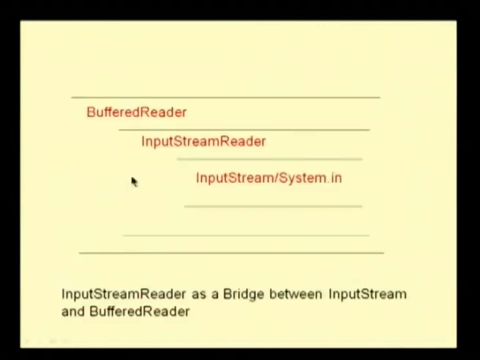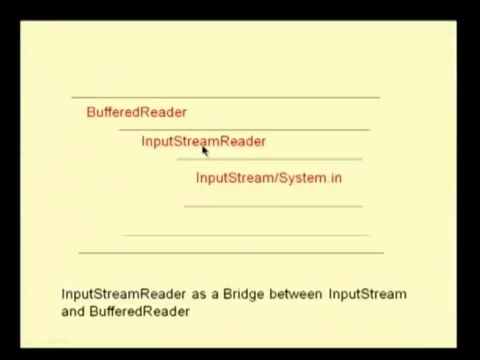Here you can see that you have a BufferedReader and an InputStreamReader, and for this InputStreamReader your input will be an input stream. System.in is an input stream. As I already told you, System.in will have data in the form of bytes.